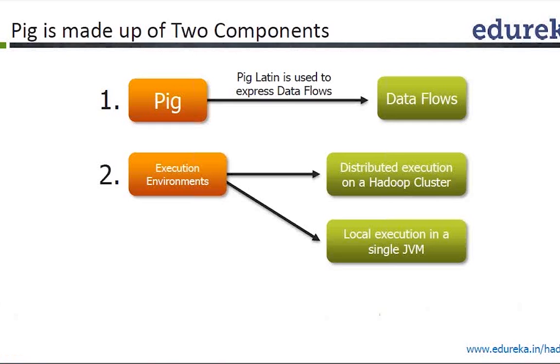When it comes to writing your code with the help of the Pig Latin language, it's not a very complex kind of language, guys. Once you write a few programs or a few lines of code, you will find it easier to use.